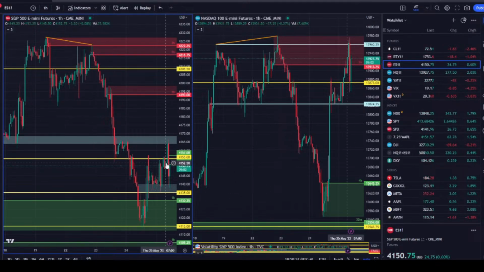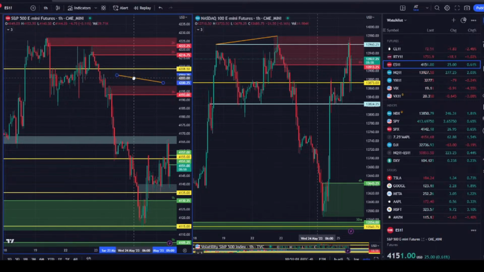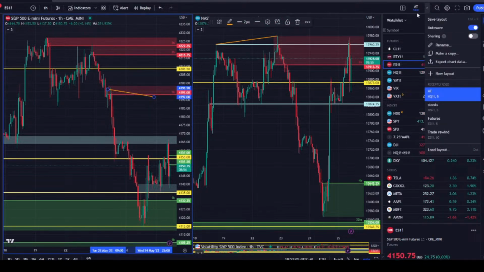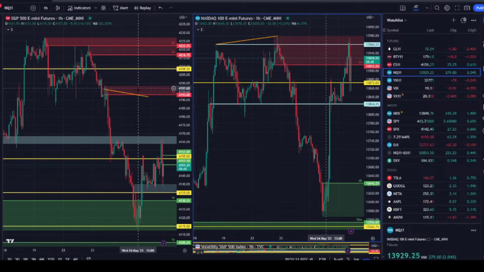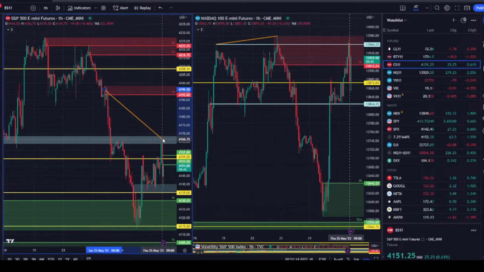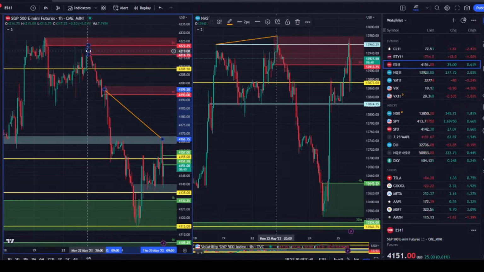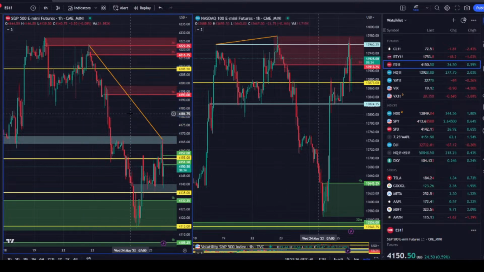That's what's cool about TradingView too, guys, you can have the charts linked up with the date range, time intervals, and the crosshair, so you can see exactly what's going on where. So where this high was in comparison to Nasdaq's high, all the way over here, that's insane. And of course we know the reason for that.